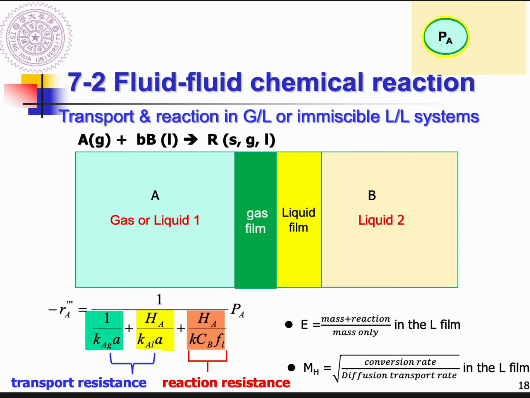So in this case, I will ask, if the reaction happens in the liquid film, which means that the chemical reaction is very fast compared to mass transport of reactant A in the liquid film, what's the consumption of reactant A? How to estimate the consumption of reactant A? Have any idea?